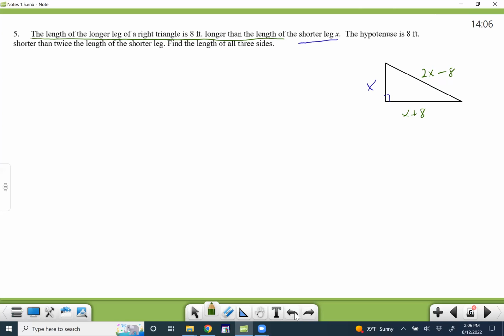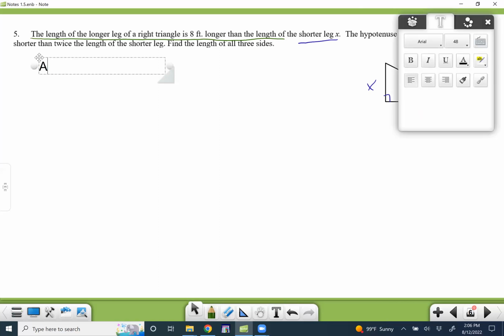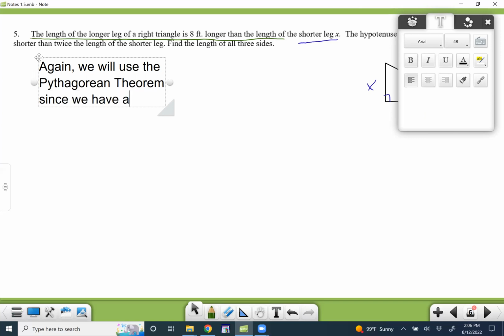So we've labeled it and it says find the length of all three sides. I think we know from example 3 or example 2 that we should be using the Pythagorean theorem again, since we have all side lengths. Again, we will use the Pythagorean theorem since we have all.